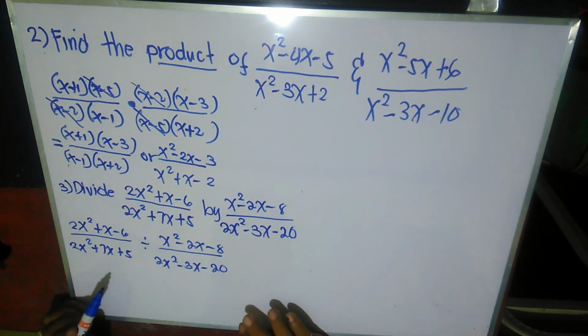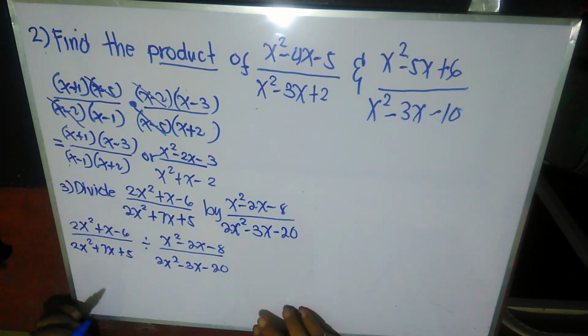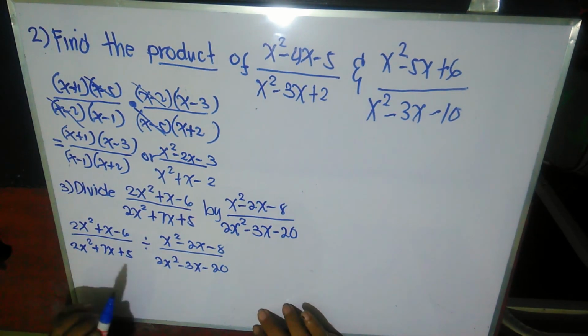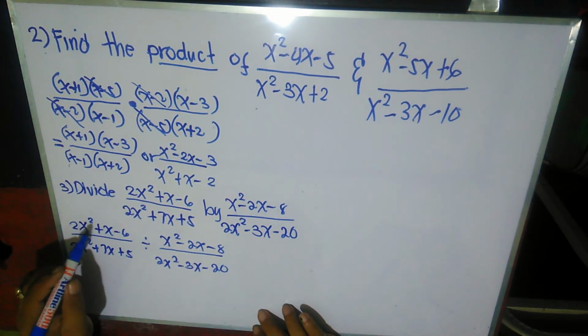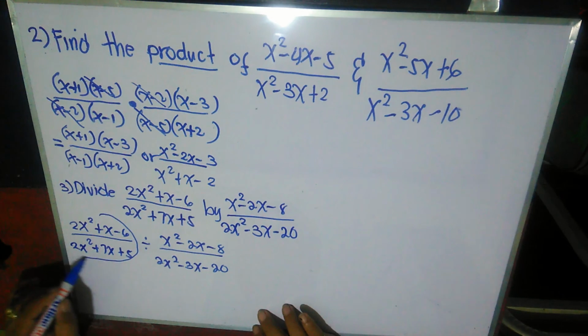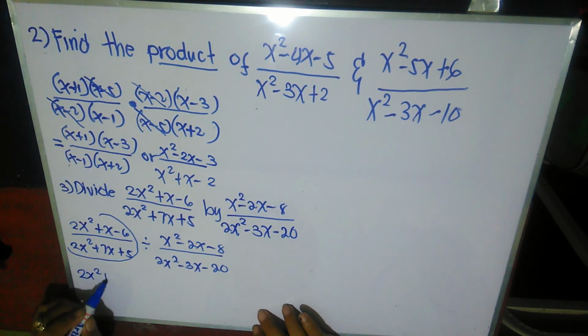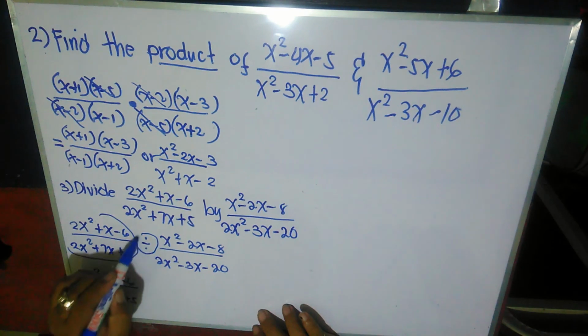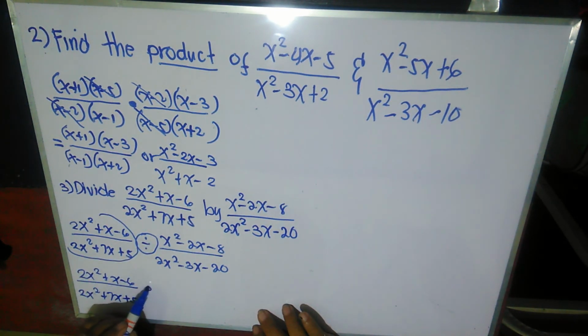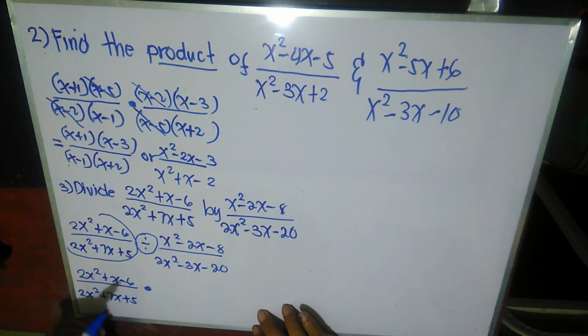Since this is division, we apply the rule of the division of fractions. The rule: copy the first. This is the first fraction. First copy the first fraction, 2x squared plus x minus 6 over 2x squared plus 7x plus 5. Then change the division sign into multiplication.